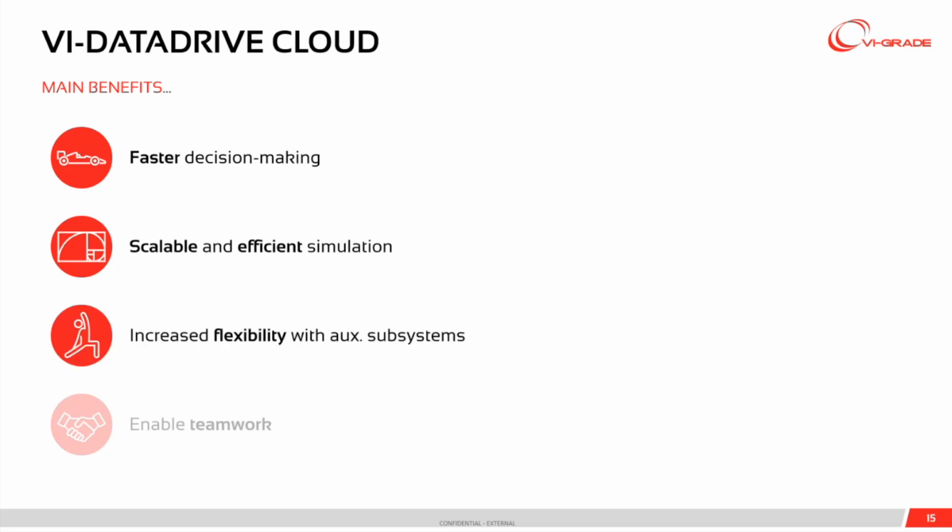You have increased flexibility thanks to the auxiliary subsystems that we mentioned at the start of the demo. Compiling an external model, be it MATLAB or FMU, into VI-CarRealTime allows you to work in one single package and load that on the DataDrive Cloud, which also makes for easier sharing across teams, OEMs, and suppliers. And it enables teamwork, as anyone in a team can upload simulations and review those uploaded by others, which really helps people work together.